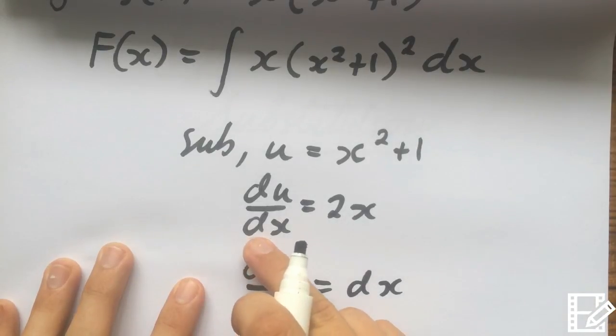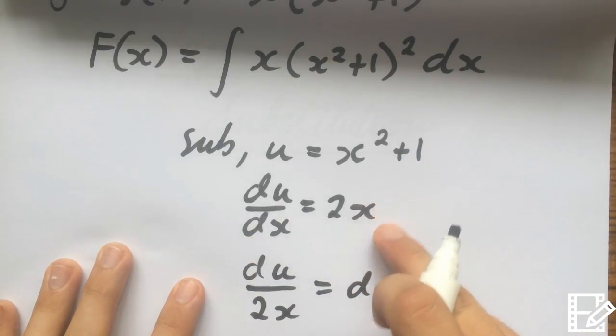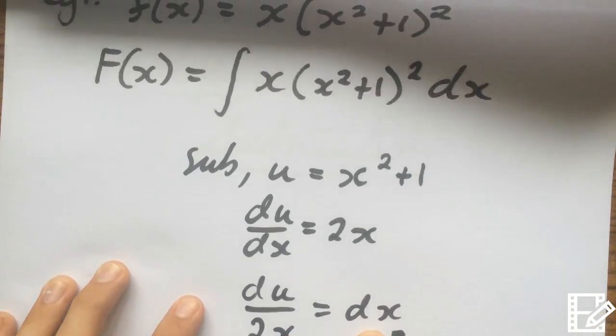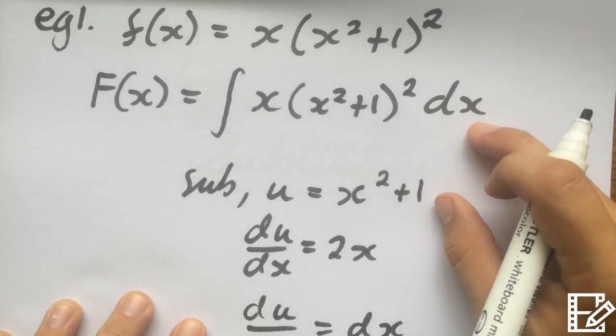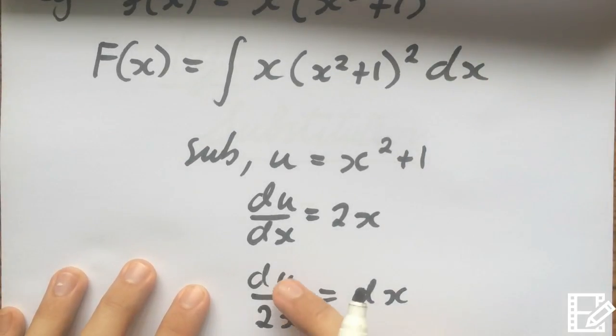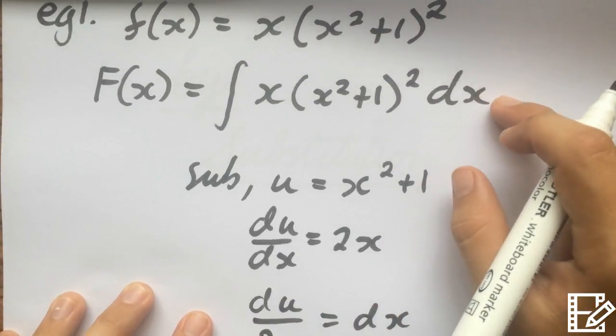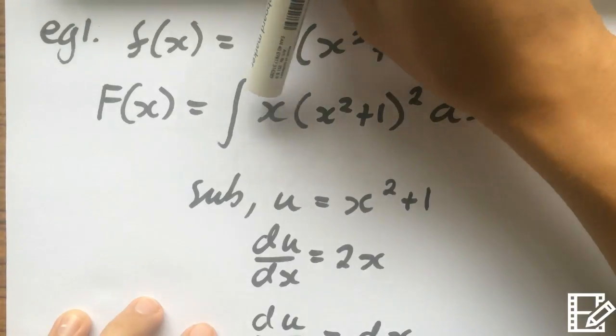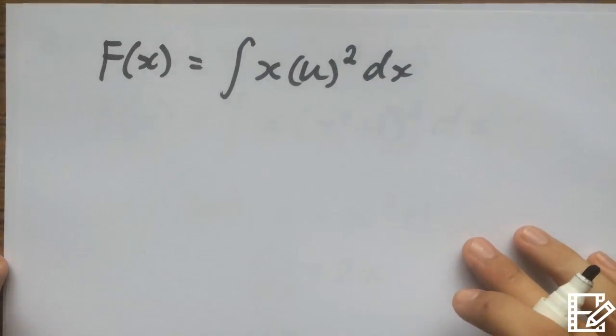See what I've done? I've multiplied the dx up and I've divided the 2x down. Now we've got the dx on its own. Here we've got the dx on its own. We're saying that du over 2x is equal to dx. So we're going to sub that in. Hence the name substitution.